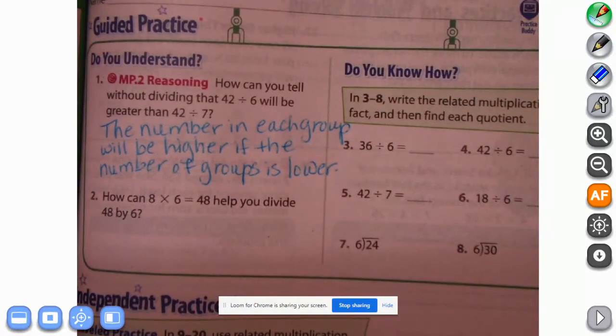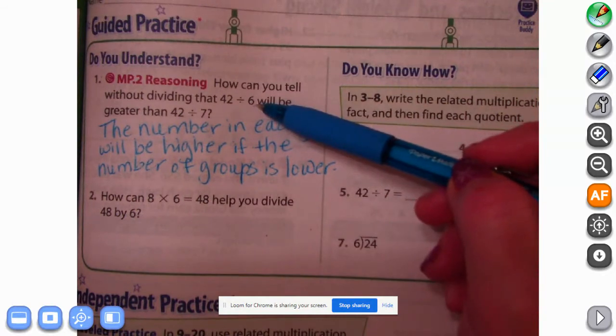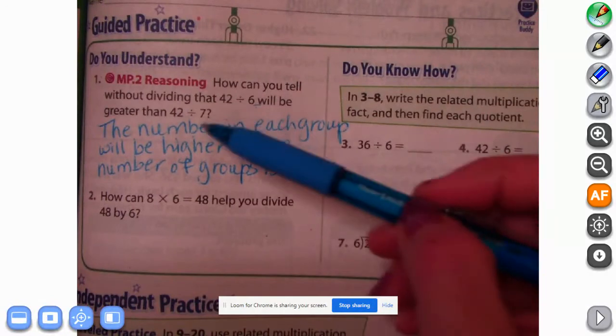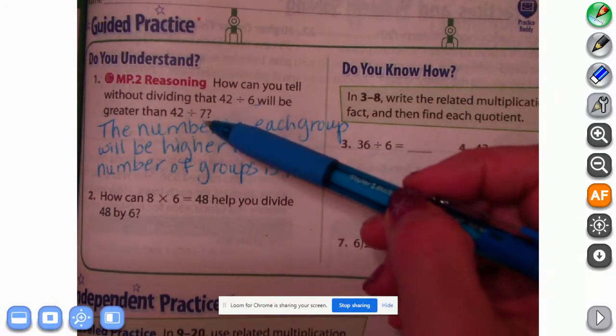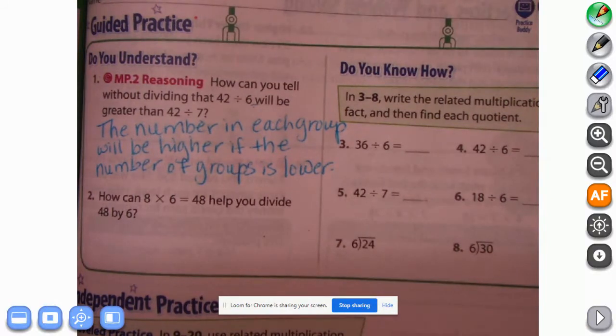Remember we just talked about that in the video. If 6 is less than 7, we know there's going to be more groups. If we have 7 in each group, we know there are going to be less groups. Go ahead and pause if you need to get that written down.